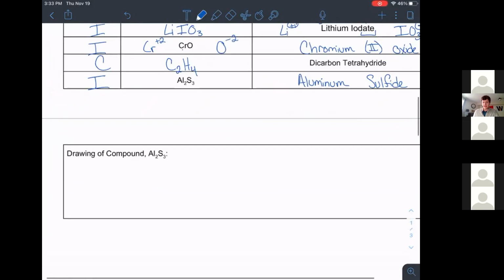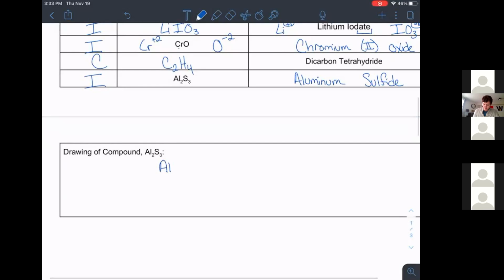Drawing this one out, because it's ionic, we have to show the transfer of electrons. So we draw our Lewis dot structures for all 5 of the elements, giving 3 valence electrons to each aluminum and 6 valence electrons to each sulfur.